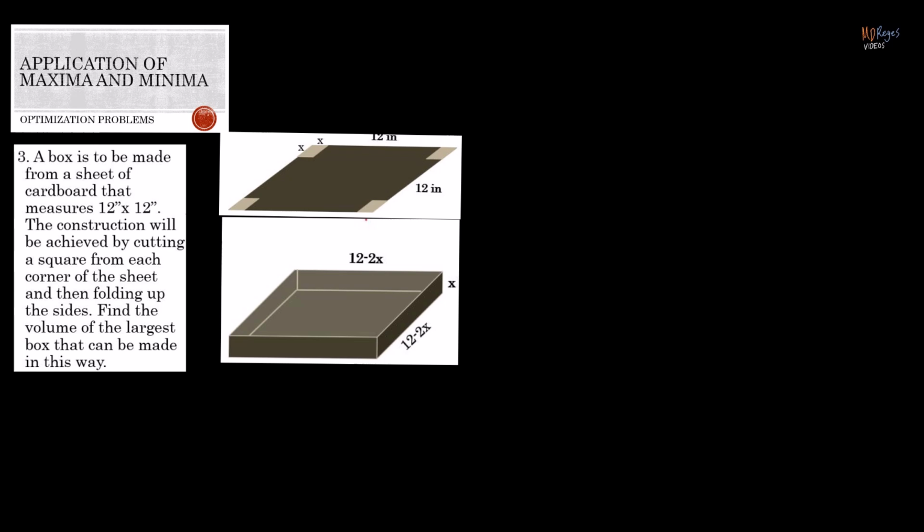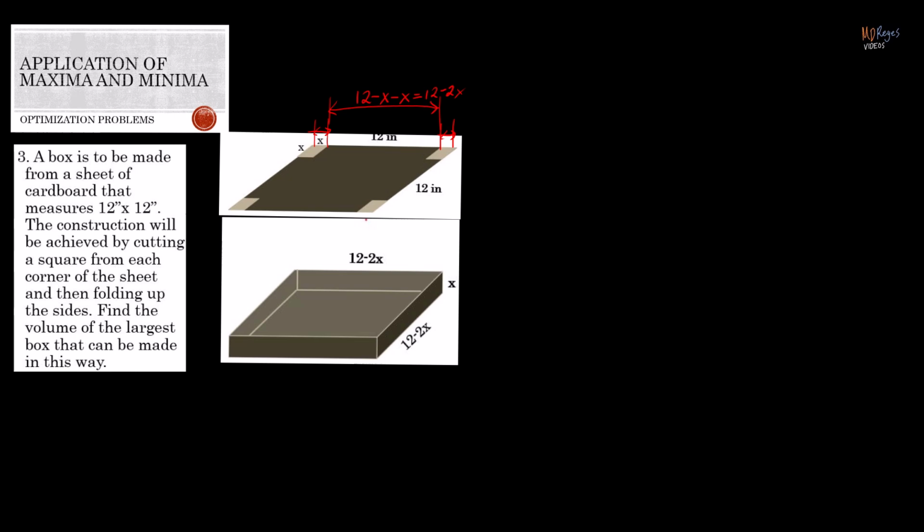Since we have cut x from this side of the cardboard and x also from the other side, this remaining portion is just 12 minus the x that we cut from the left side and minus x again that we cut from the right side. So this is just equal to 12 minus 2x. That's why this side of the box just measures 12 minus 2x units.